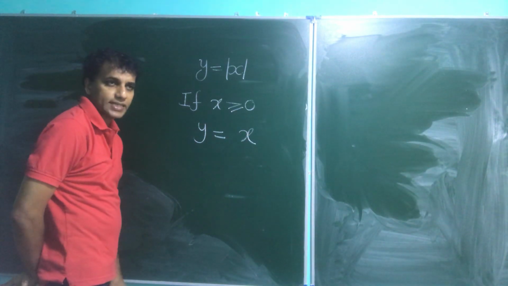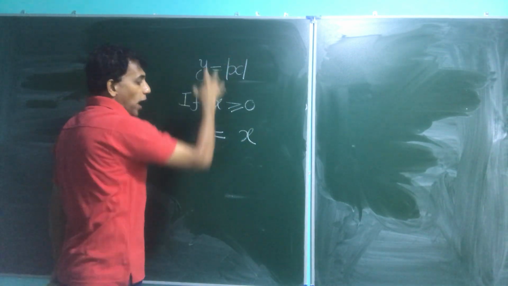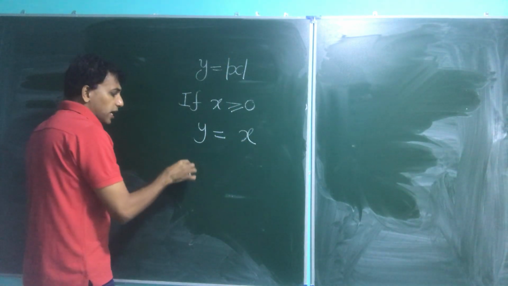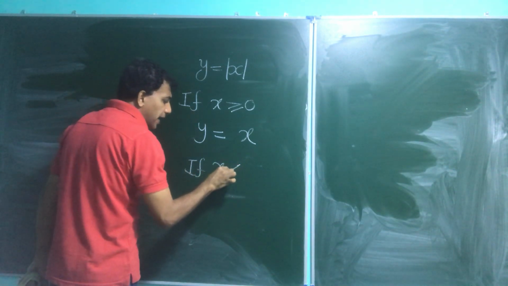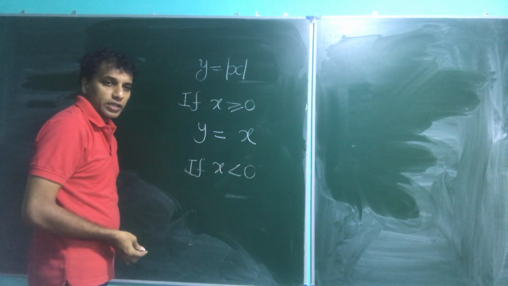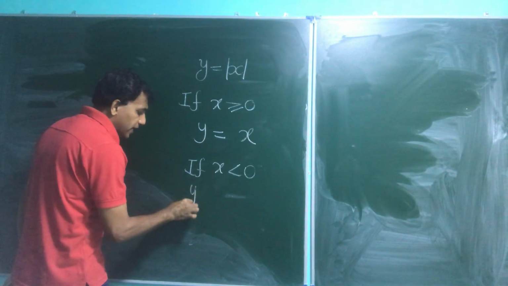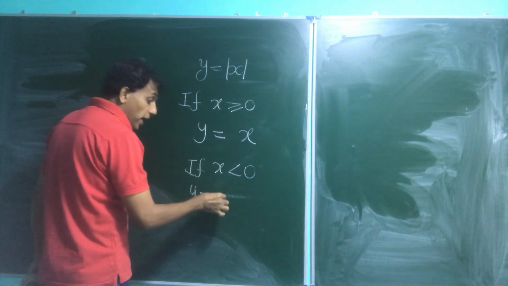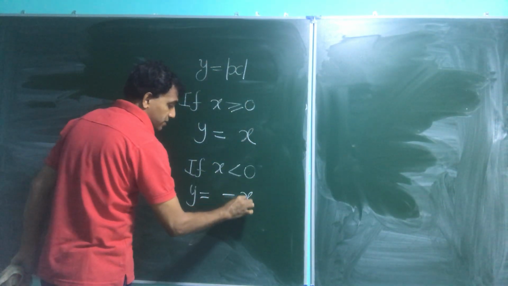If inside is positive, more than 0, then show as it is. But the other definition, if x less than 0, that means negative, minus side, right? So what is y equal? You write an extra minus and write what is inside.